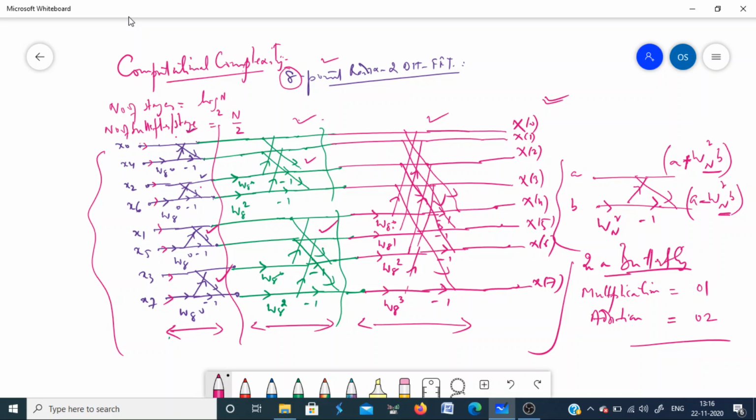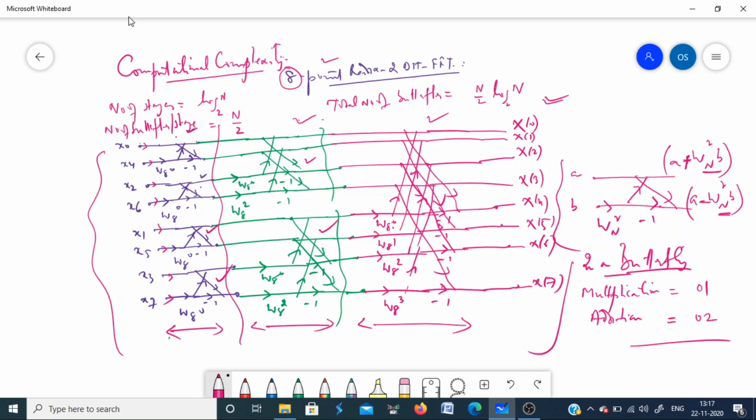So the total number of butterflies will be nothing but N by 2 log N, because log N is the number of stages, and in each stage you have N by 2 butterflies. So the total number of butterflies in the entire structure is N by 2 log N.